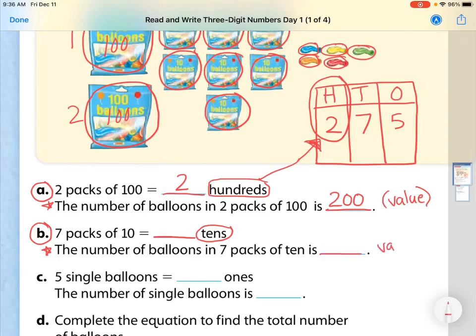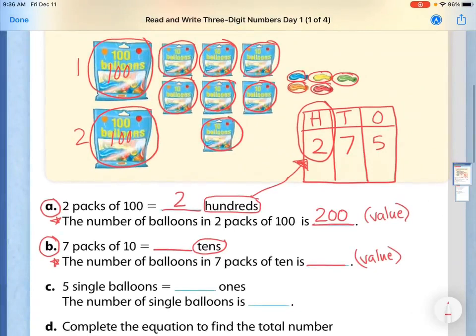They want the value of the tens. So I'm going to have you pause the video and fill in the answers to B. How many tens are there and what is the value? If I have 7 packs of 10, how many total balloons would that be? Pause the video now.